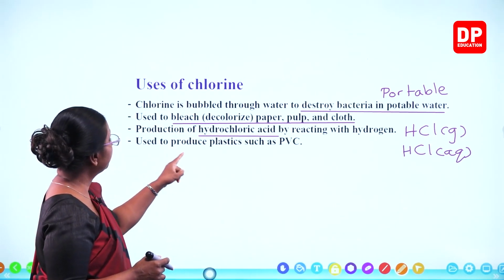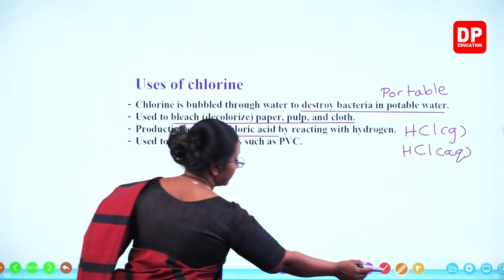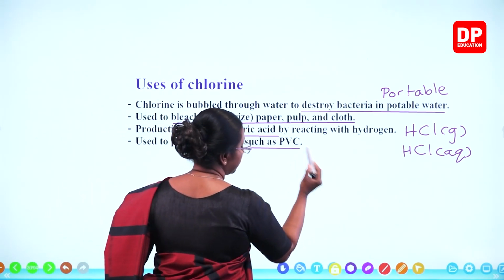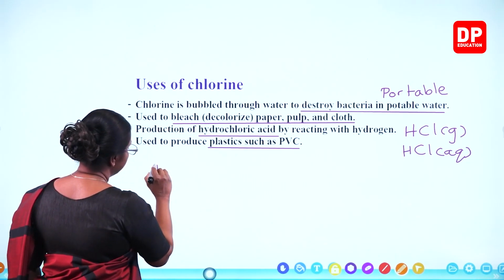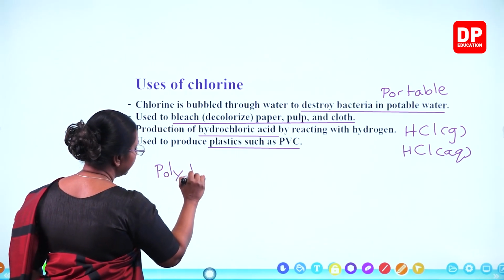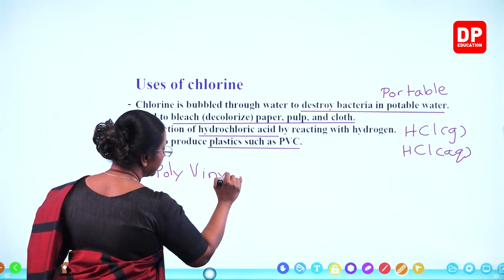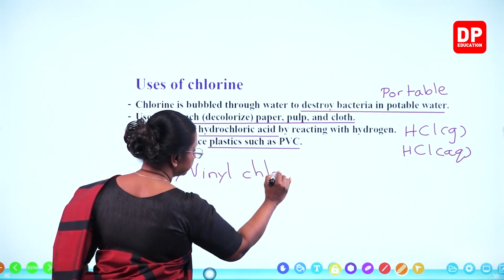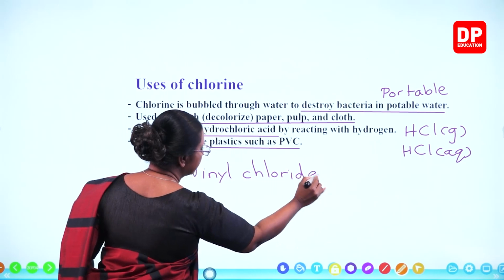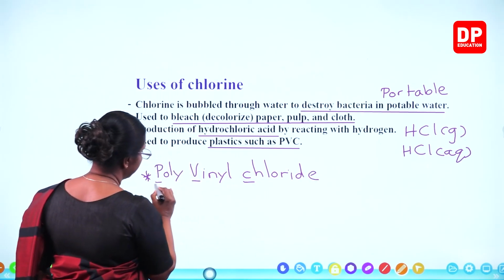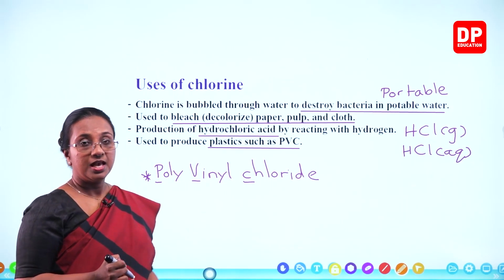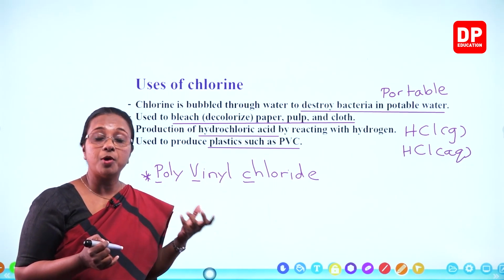Then we use it to produce plastics such as PVC. What is PVC? PVC is polyvinyl chloride. Now we will be discussing polymers later. Polyvinyl chloride, PVC, is a polymer.